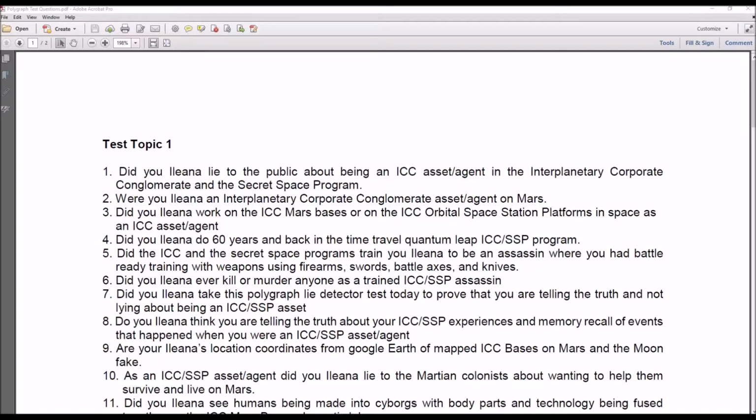So sometimes the same question is repeated to the person, so they're given a chance to answer it as accurately as they can to have good results on the polygraph. Because people do become nervous during these tests, and that can affect how you answer, and it might create an inconclusive answer to the question.